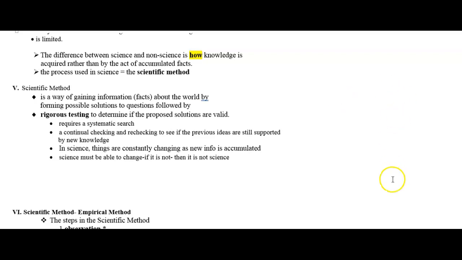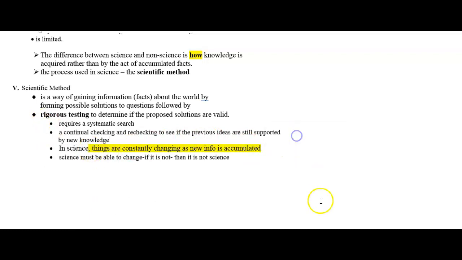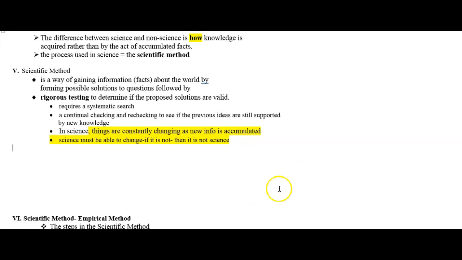You're not going to have enough money to test things over and over, and other people have to test it. And science is constantly changing as new information is accumulated. Science has to be able to change. If it can't change when we get new information, then it's not science. It's something else.